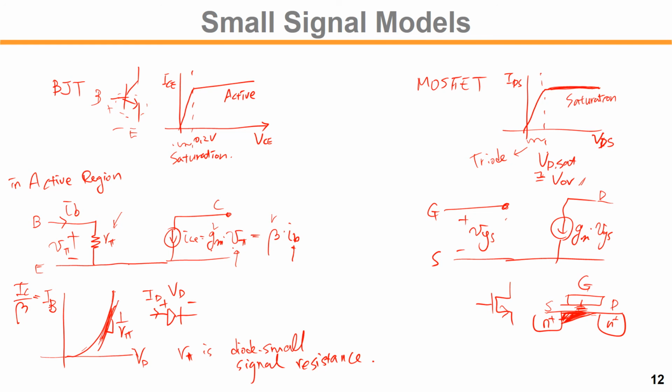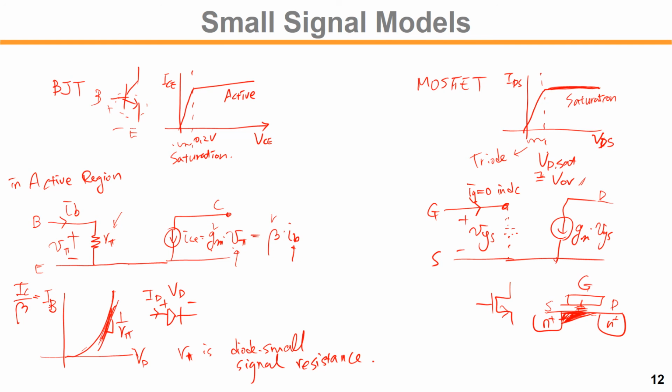On the other hand, in the MOSFET, there's no current gain beta. It only has a transconductance because there's no current going into the gate. IG equals 0 in DC. Definitely, if you consider the capacitor at the input, there's some non-zero gate current, but in the DC model we get ideally zero gate current, so no beta can be defined.